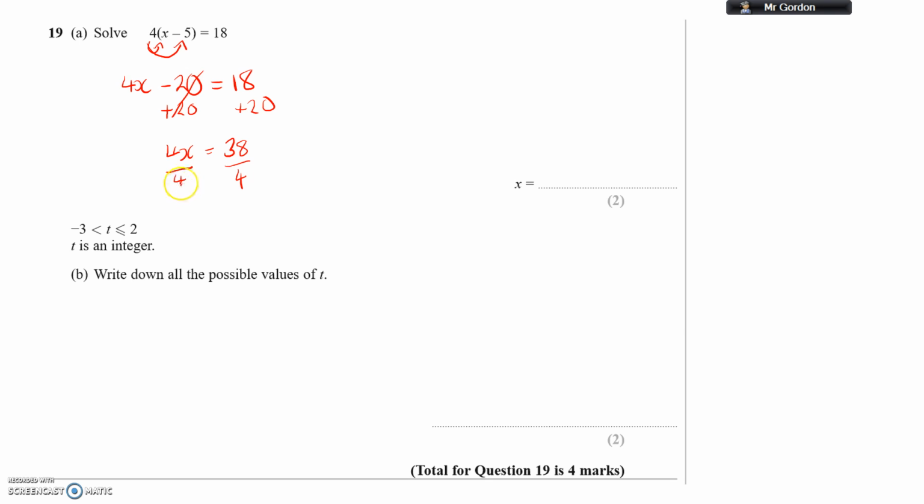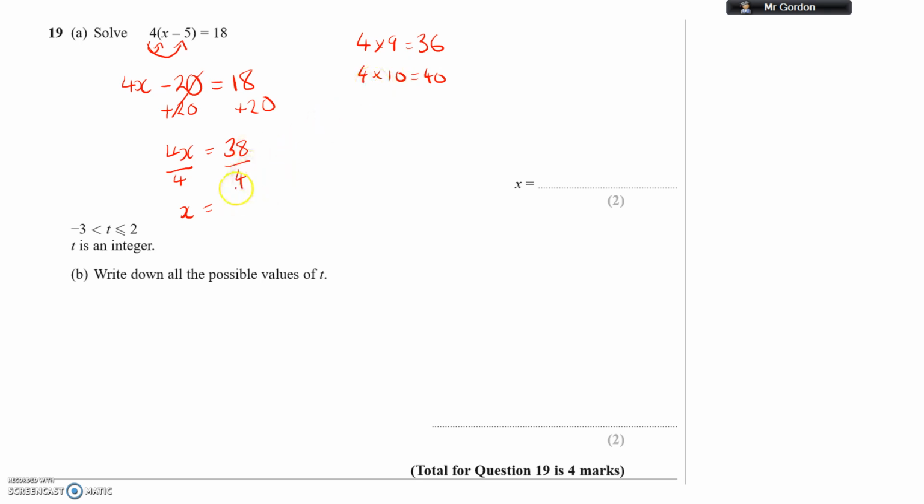4x divided by 4 is 1x, because 4 divided by 4 is 1, and 38 divided by 4 is going to be, well, I know 4 times 9 is, should we write this down somewhere? 4 times 9 is 36, so that's too small. And 4 times 10 is 40.